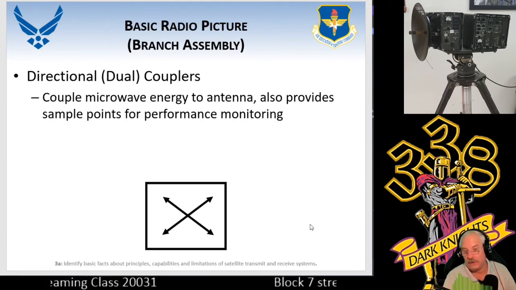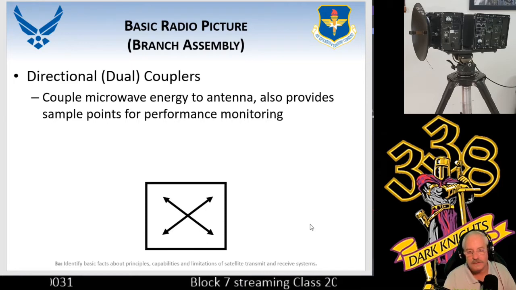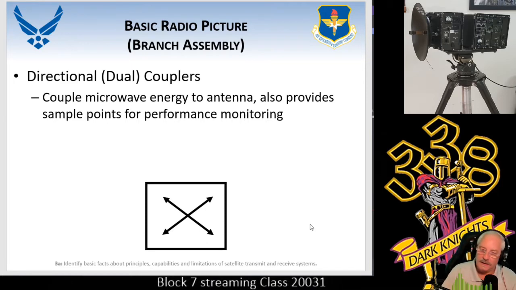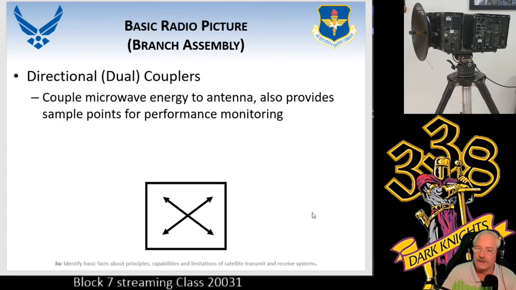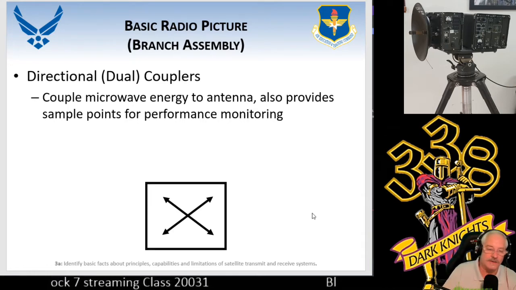Because the last thing you want is to be in combat, your antenna gets blown off, only half of it is still there, but you're still able to transmit and receive, just at a lower level. So it just goes to show you they did think about these things when developing that VSWR and using the directional coupler. Those are normally internal to the transmit side, but it does have a function on the receive side, believe it or not.